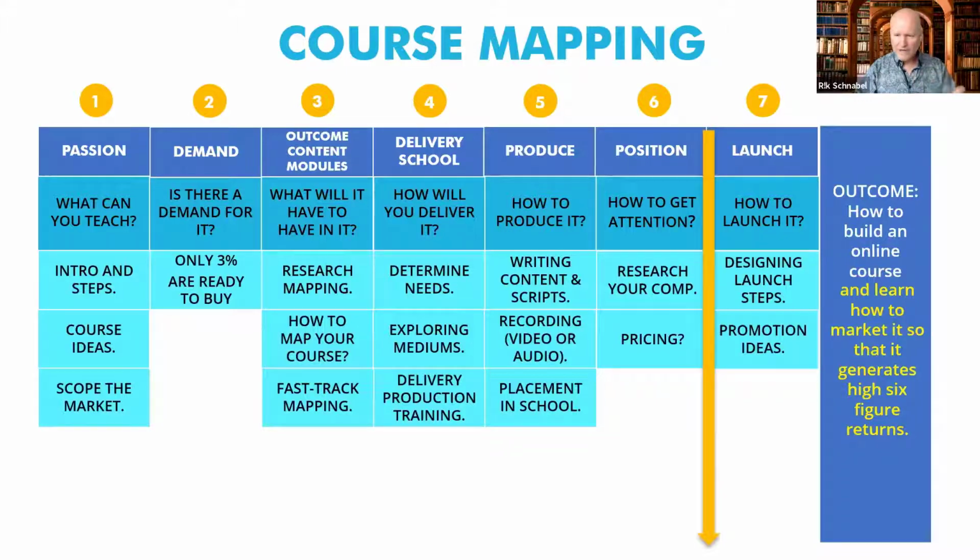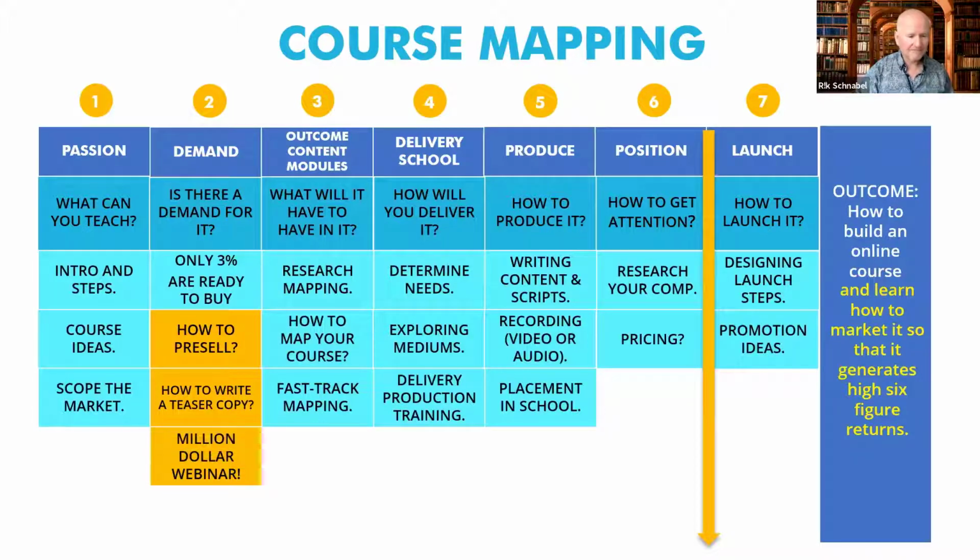So we went deeper with our content. In the demand module, we decided to teach people how to pre-sell, what words to use, what mediums to use, how to do it without spending 1 cent, and how to write teaser copy. So we started getting quite deep into teaching people copywriting so that they can learn what to say in their actual copy to make it compelling and appealing.